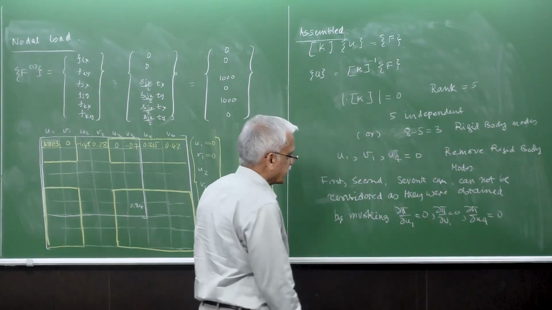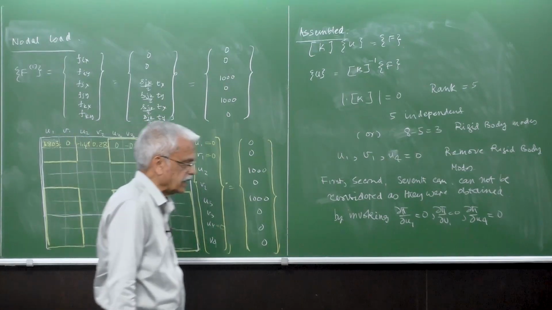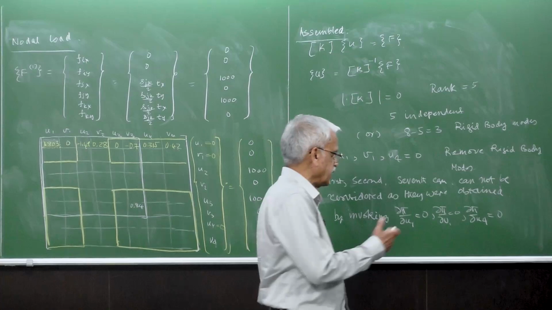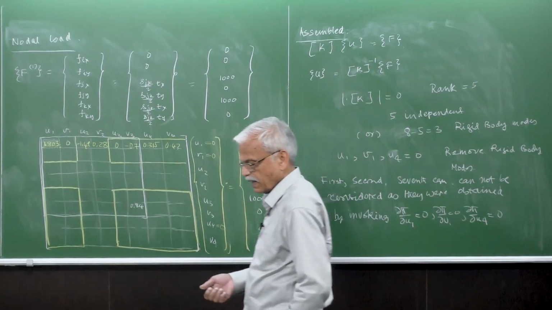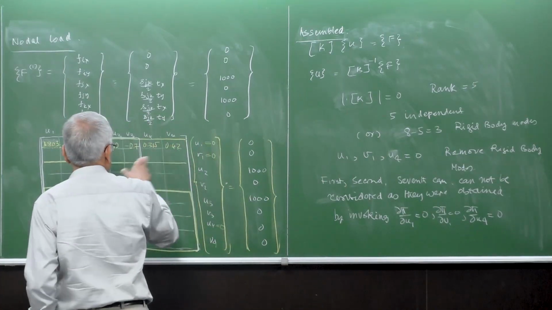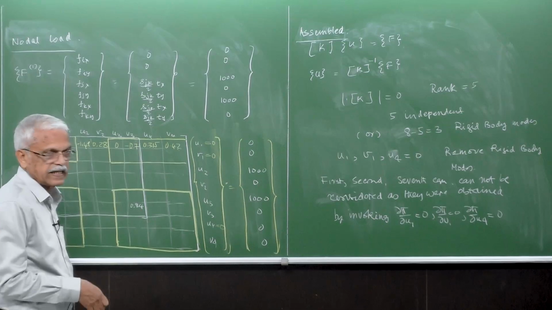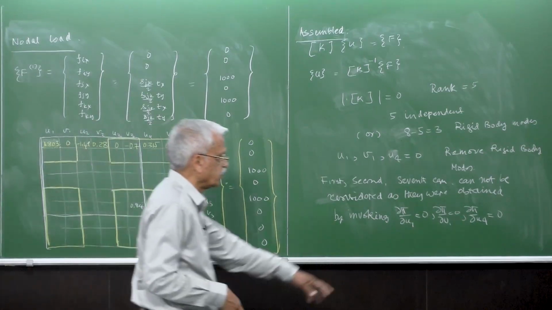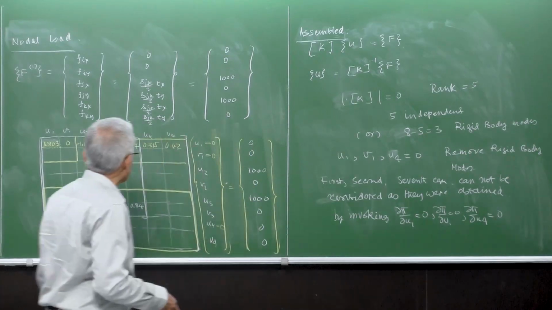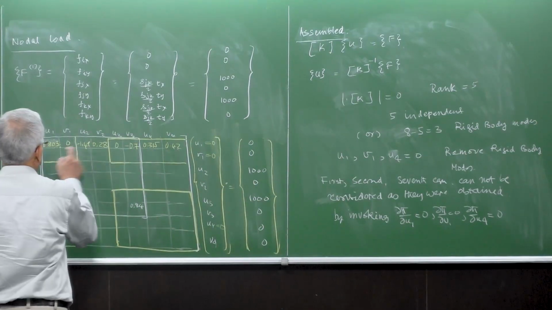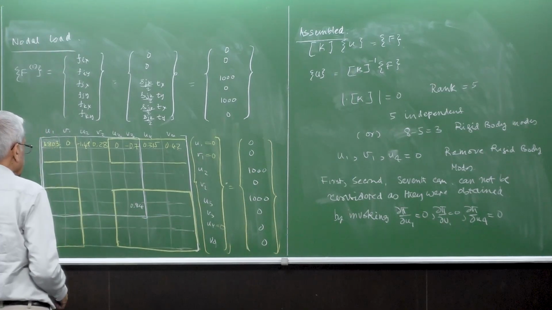These are given displacement boundary conditions, so they cannot be changed. They remain fixed as given. So you should not consider the first row and the seventh row.